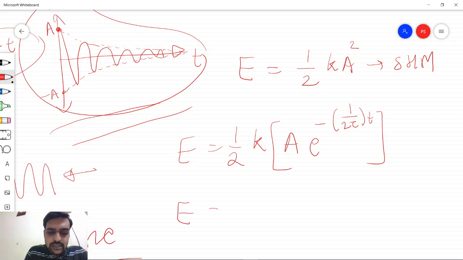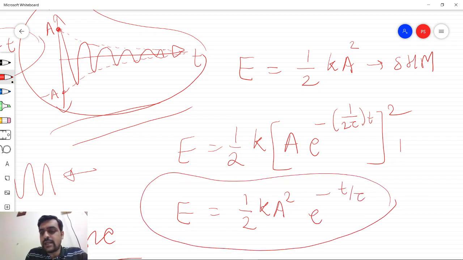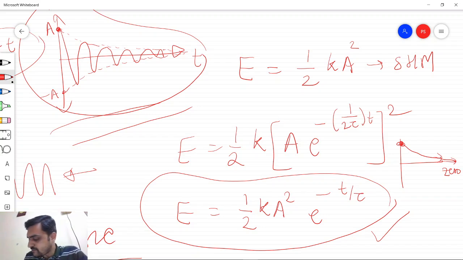So total energy will be half k a squared e raised to minus t by tau. So yes, even the energy is going to be a decreasing function of time and eventually it will reach a value equal to 0. So the energy is dissipated by this damping force.